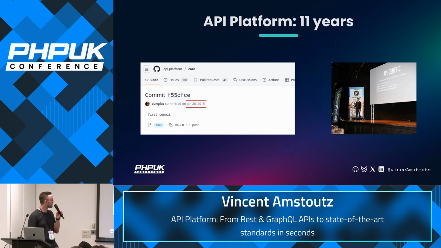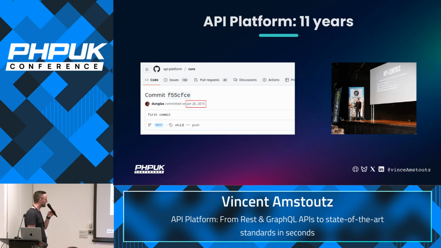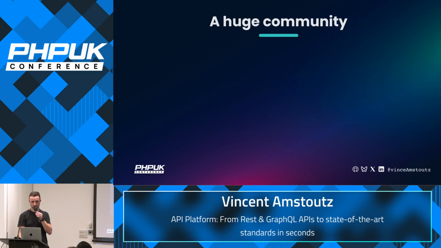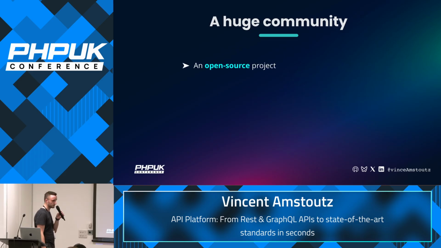API Platform is 11 years old. It was released by Kévin Dunglas in 2015, the first commit. Behind this, there's a huge community as an open source project, fully open source.